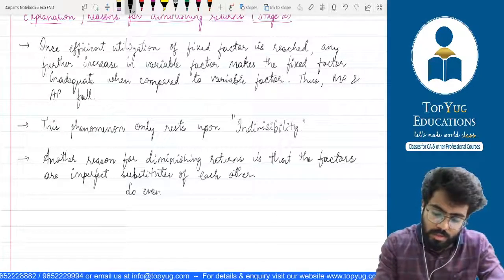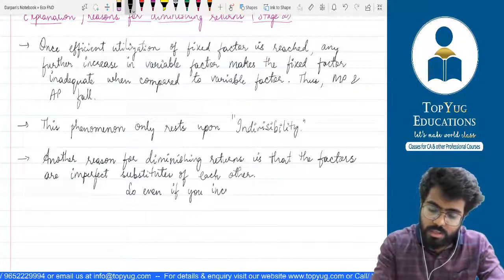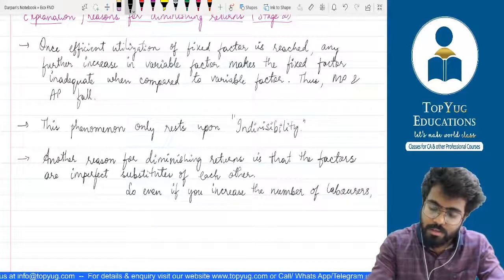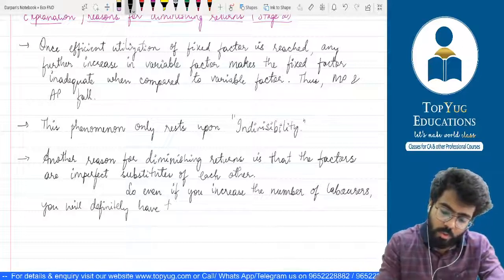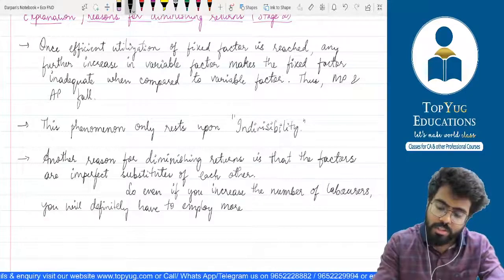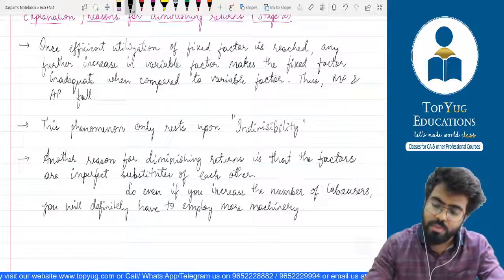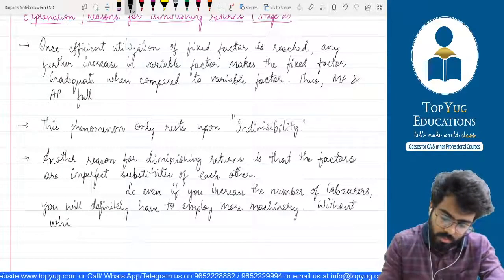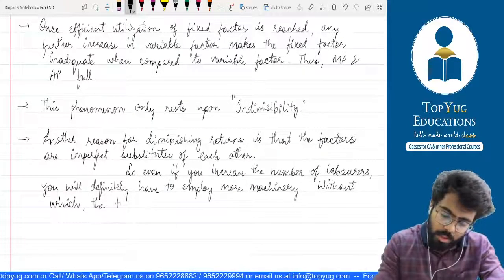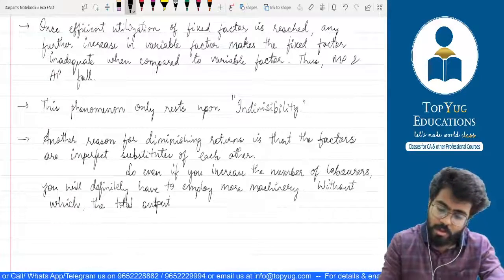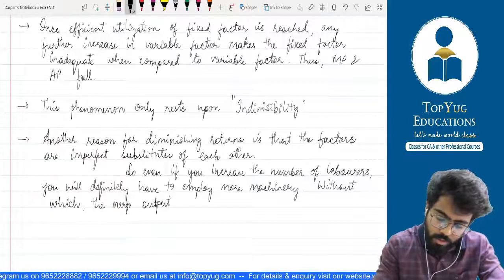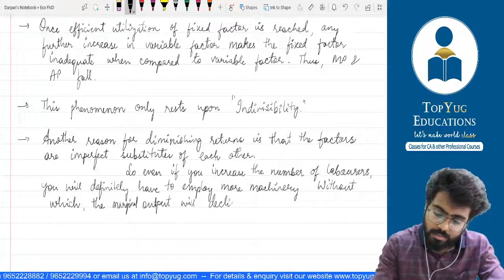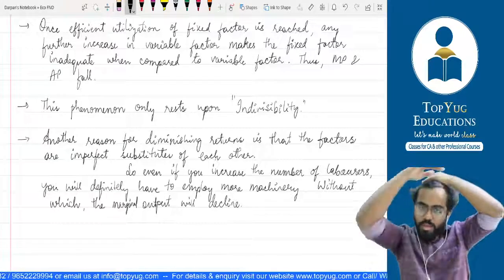So even if you increase the number of laborers, you will definitely have to employ more machinery, full stop, without which the marginal, not total, without which the marginal output or marginal product will decline, even if you employ more and more labor.